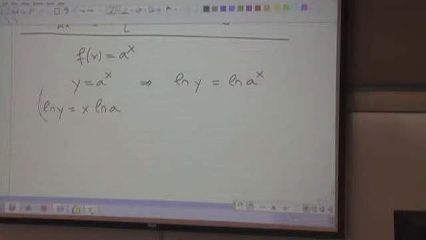If I take the derivatives on both sides with respect to x, what do I get on the left hand side? Okay, and what do I get on the right hand side? x times 1 over a?